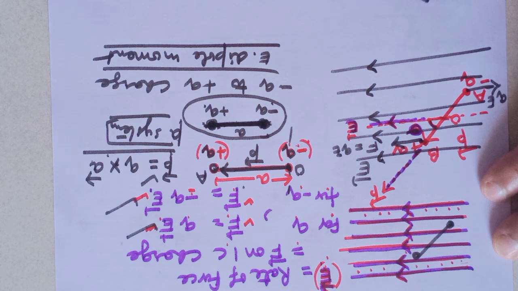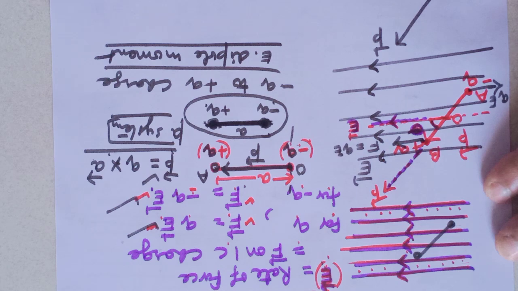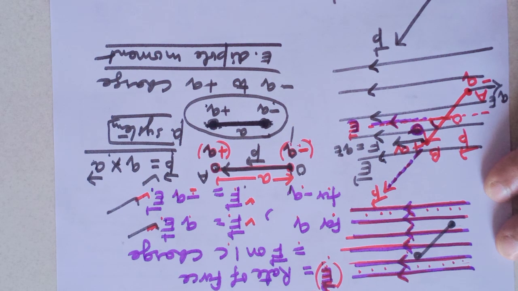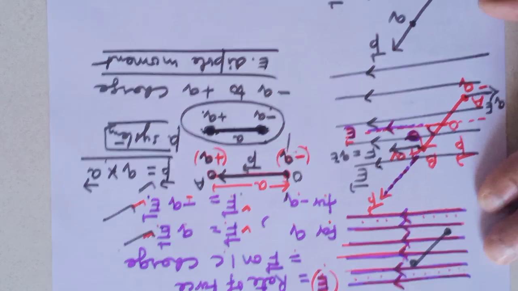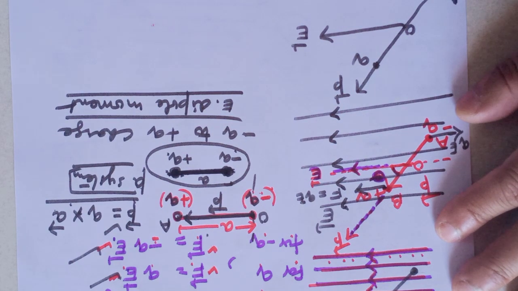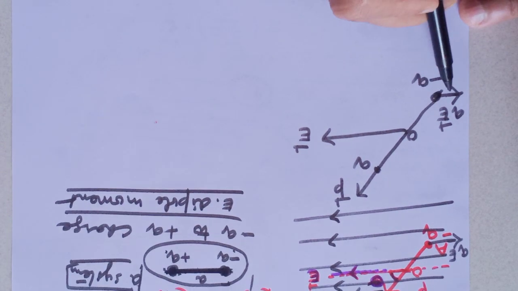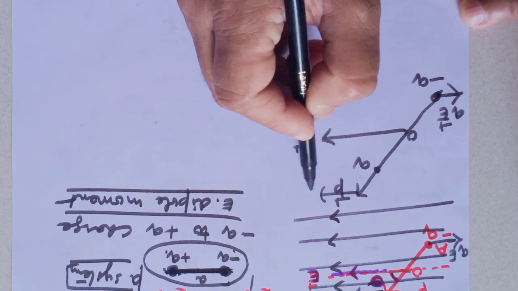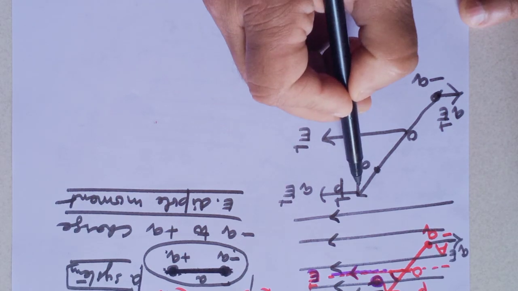So this is the direction of dipole moment, this is the direction of the electric field. This is minus q charge, this is plus q charge, this is the center of the dipole, and qE force is acting along these directions.